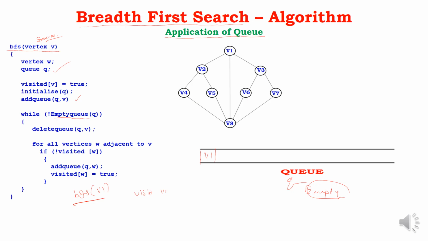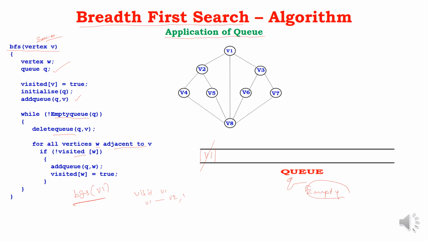While the queue is not empty. Yes, it is not empty. The queue has one node. Delete the node from the queue. Now V is V1. For all vertices W adjacent to V, if not visited. What are the adjacent of V1?